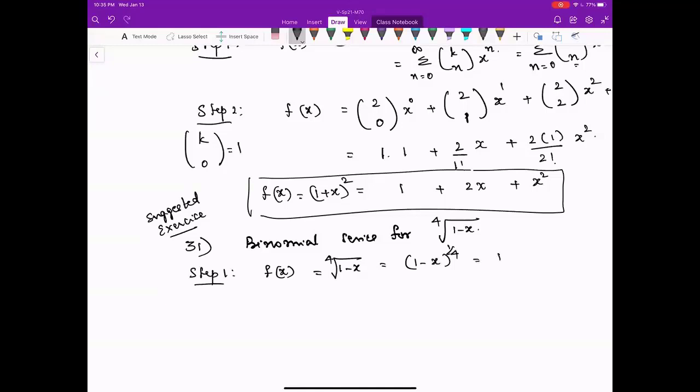If you have to write it in the representation of binomial, you're going to write this as 1 plus negative x to the power 1/4, because we want to make it look like 1 plus x to the power k. So we want to have a plus sign. That's the reason we write that as 1 plus negative x to the power 1/4.